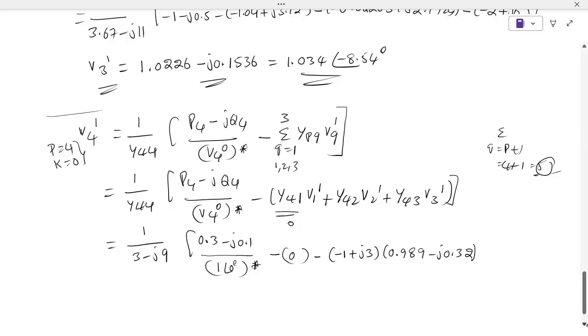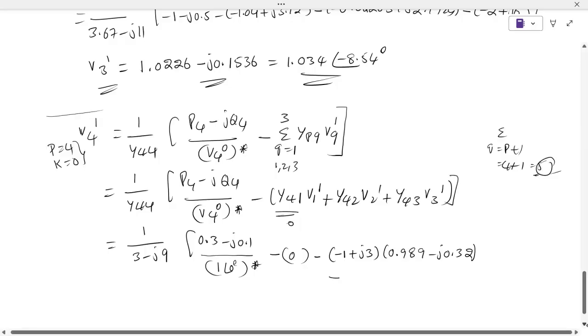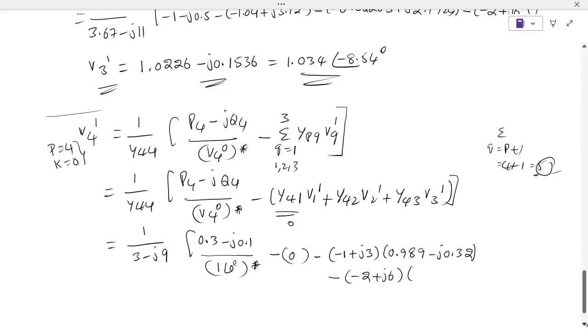Next, one minus of, because this minus will go inside, so minus of Y43 from the Y bus matrix, minus 2 plus j6, into V31. This value we have to substitute.